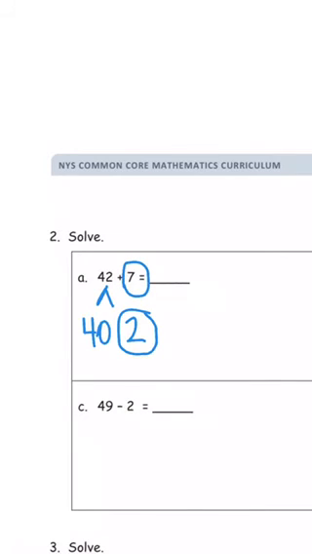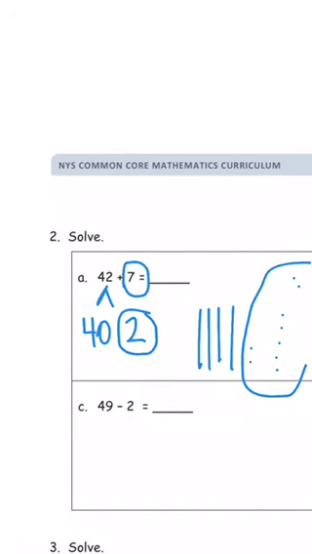We're going to be adding the ones, so 7 plus 2. If we do a quick draw of this, we know that 4 tens looks like this, and then 2 ones, and then we're going to add our 7 ones. So 1, 2, 3, 4, 5, and then 2 more. And then we can count the ones since we're adding those. So we know that that's 9. So our answer would be 49. So that's what that problem should look like. And you're going to do that for all 4 of those problems.